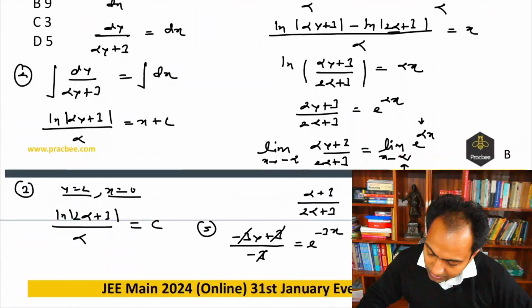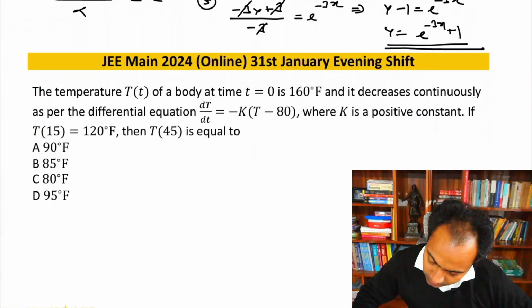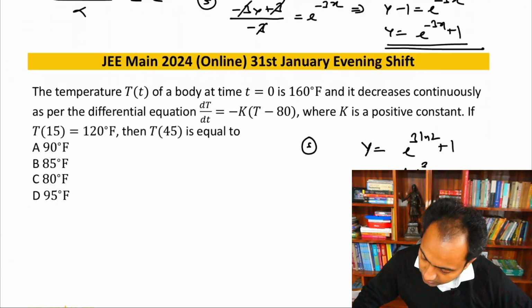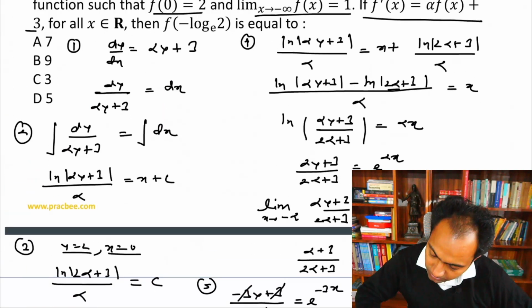So if I put minus ln 2 here, let us see what we get. In the sixth step, y is equal to e raised to the power 3 ln 2 plus 1. And this becomes 2 raised to the power 3 plus 1, which will become 8 plus 1. Answer comes out to be 9. And now if I check the options, you can see that option B comes out to be correct.